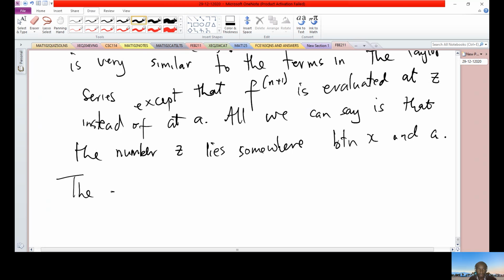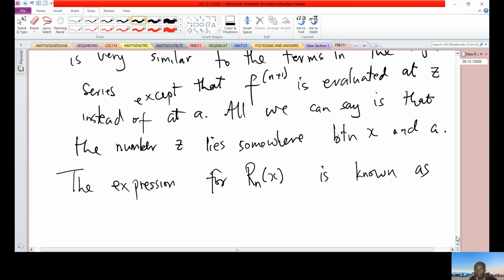The expression for R_n of x is known as the Lagrange form of the remainder term.